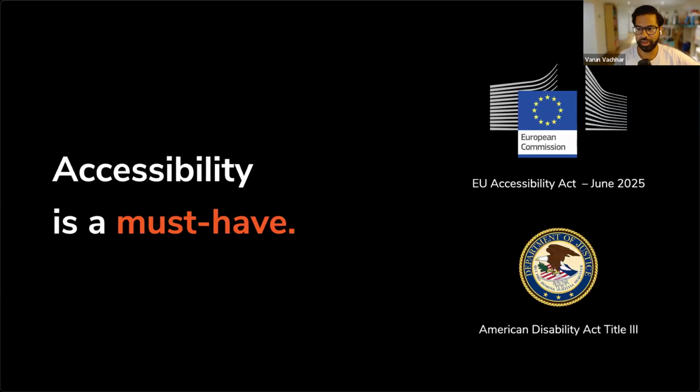There's a bunch of regulatory changes that have come in. So the EAA and ADA in the US both are in effect now, which has really put a lot of pressure on teams to start shipping more accessible interfaces. And it's putting accessibility on the same level as, say, security or performance, where you just can't ignore it anymore.